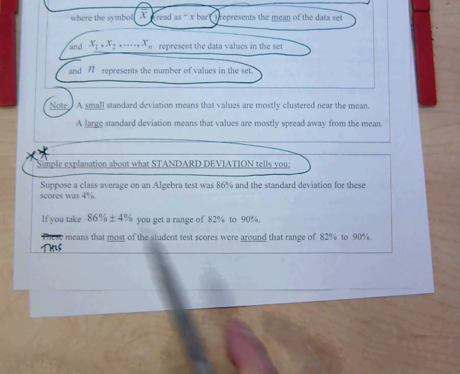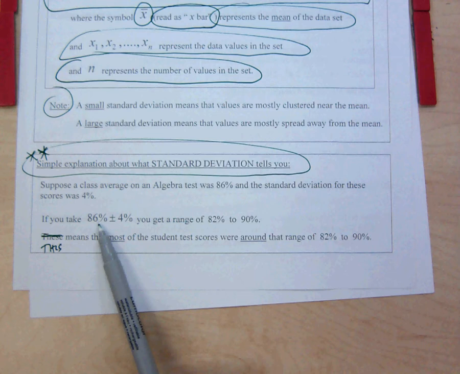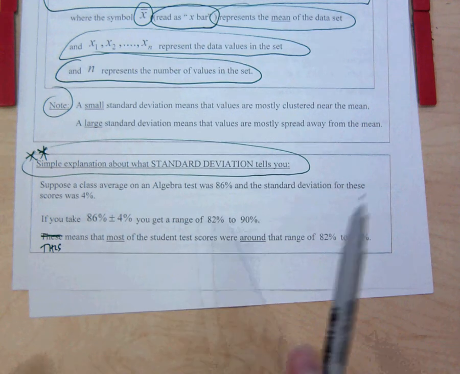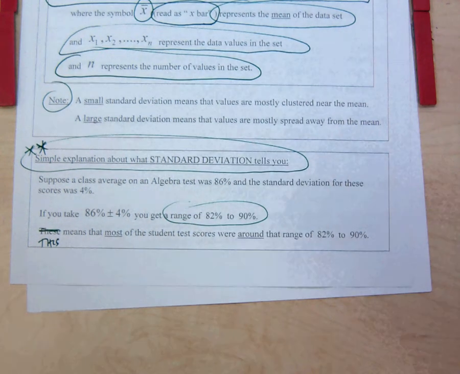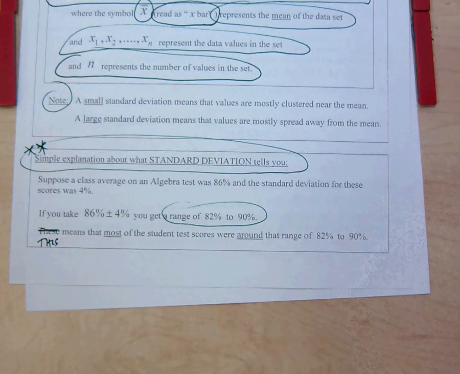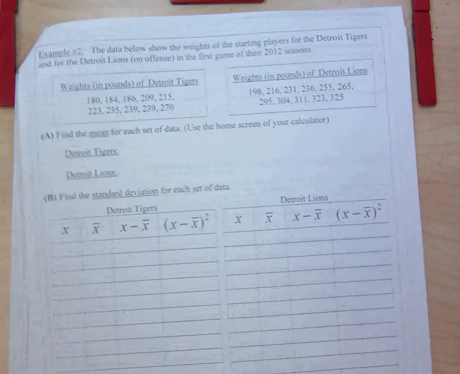If you have the average and you add or subtract the standard deviation, that gives you a general range of where most of the test scores fell. So most of the test scores fell between 82 and 90. Not all of them, but most of them. Does that make sense? So you have an idea now what I mean by standard deviation? Okay, all right, let's go ahead and do this example here.